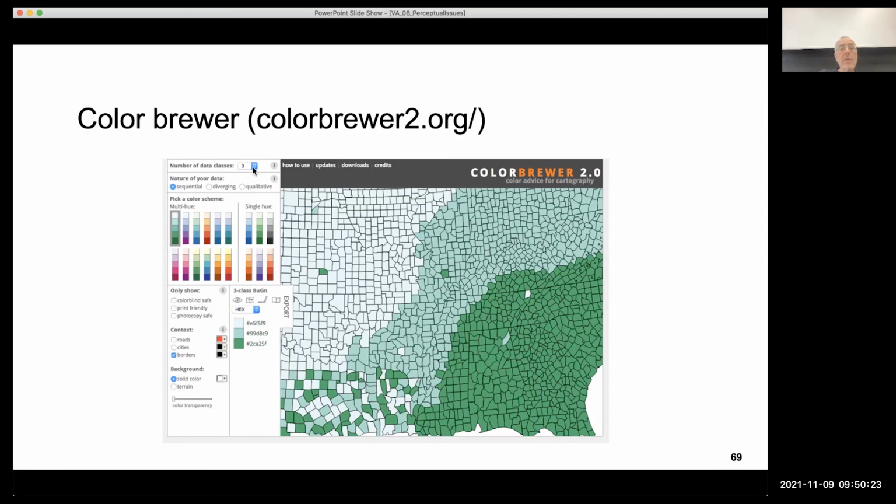And you can select how many different values you want for that. And you have the option colorblind safe, check. You select this button and it will reduce the number of possibilities only to those that are good for colorblind people, or for being printed, or photocopy safe.